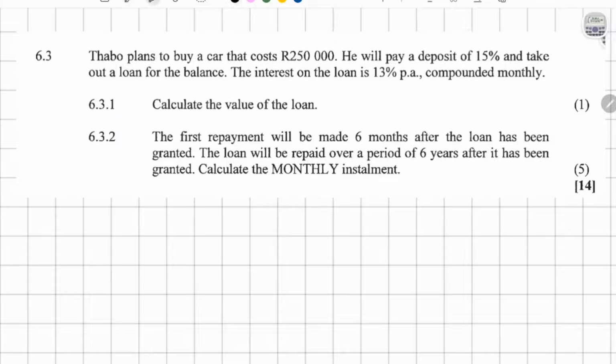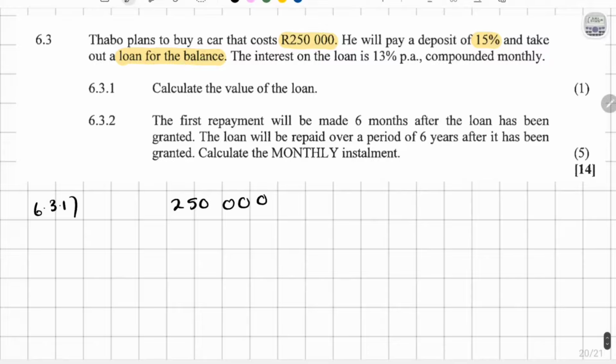Remember, he is buying this car. It costs this amount. He's going to pay 15%, and then the remaining is going to be the loan. So if you can find out how much he's going to pay off and remove that from the loan, you find out how much he's going to take out on a loan. The car costs 250,000 Rand. He is only going to pay a deposit of 15%.